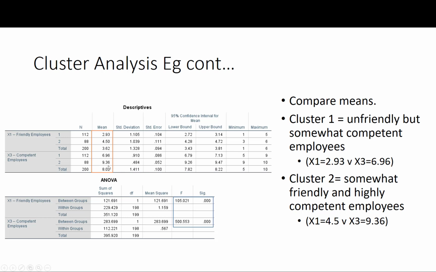On competence it's quite high at 9.36. So how I describe my cluster 2 is these are customers who think that the Delhi Depot's employees are somewhat friendly, but that their employees are highly competent. So now I have described my 2 clusters in terms of the variables I used to create them.